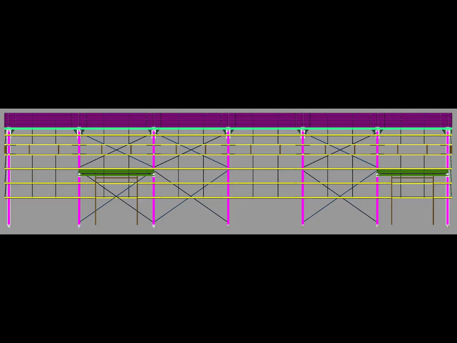Now, if you are working as a PEB detailer, here is a useful workflow. First, identify the side wall framing in the GA or framing drawing. Second, identify the columns and the secondary horizontal members. Third, locate the sag rod indications in the drawing.